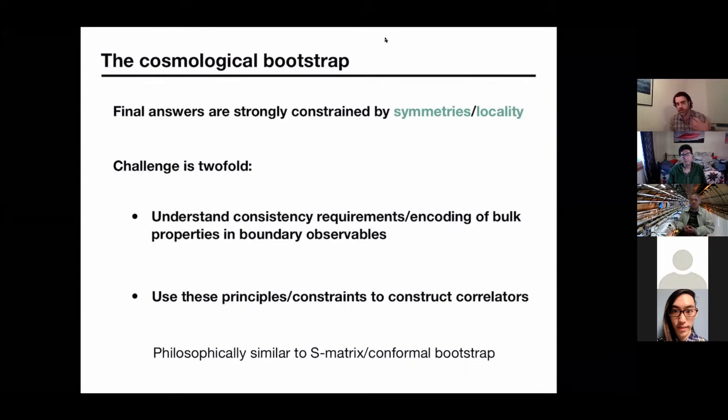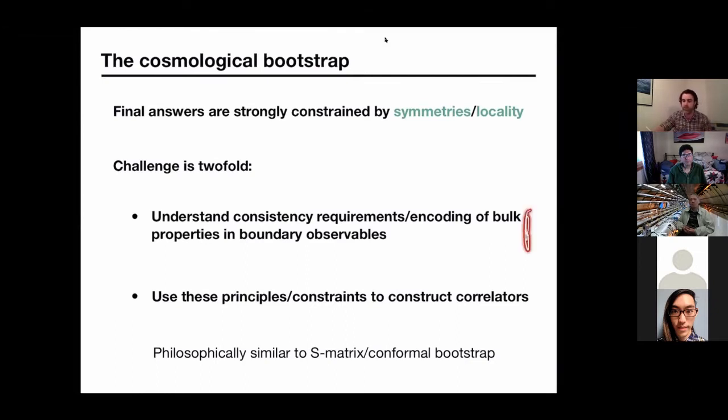But of course, the challenge is kind of twofold. We don't know the precise encoding of these cherished bulk principles in the boundary observables. So our understanding of the rules of the game of cosmological correlation functions is still somewhat primitive. And so we first have to learn the rules a little bit, and then we can try to use these rules to constrain and construct correlation functions from some sort of bootstrap type of perspective.